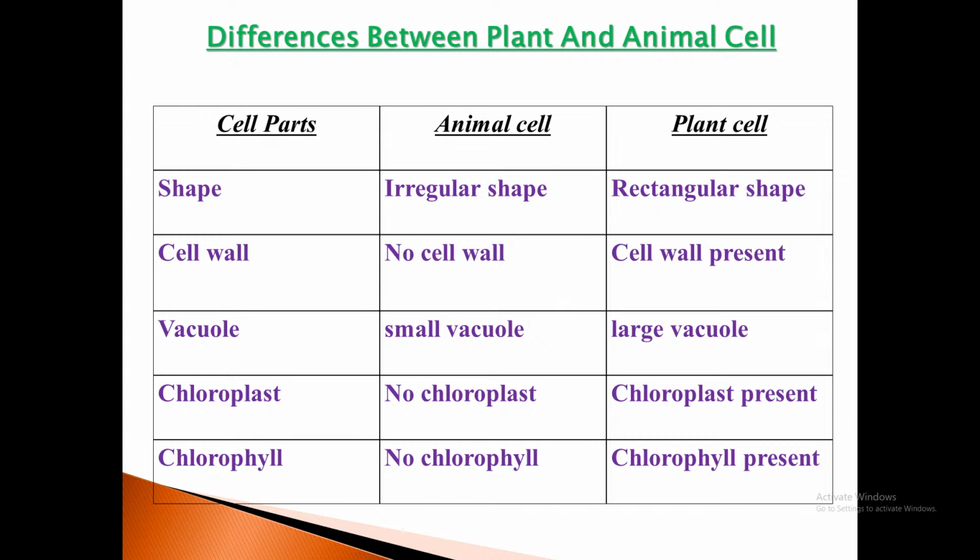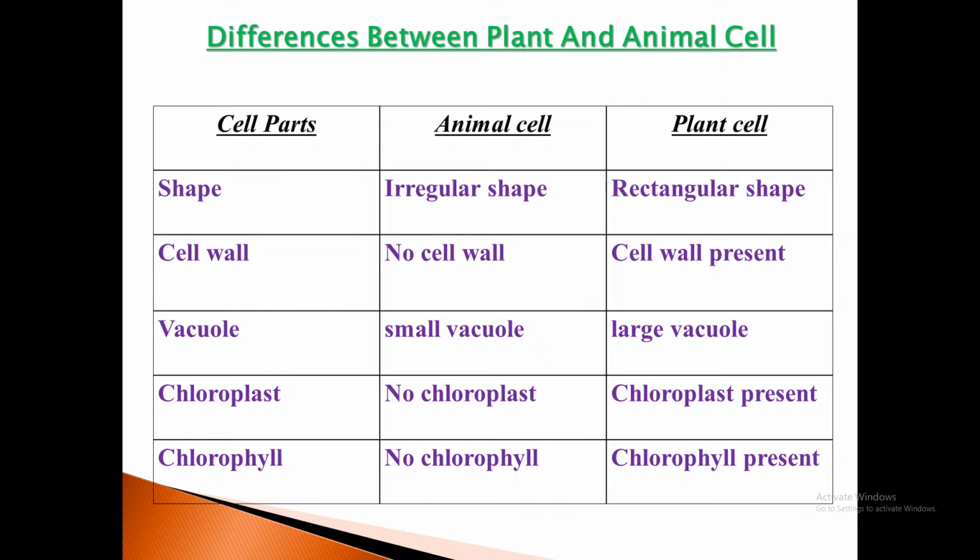So we have a table here, and it is very important that you know this table in terms of its content, because it is a must that you know the differences between plant cell and animal cell. So the first one is the shape. Animal cells are normally irregular in terms of shape, while the plant cell is rectangular.